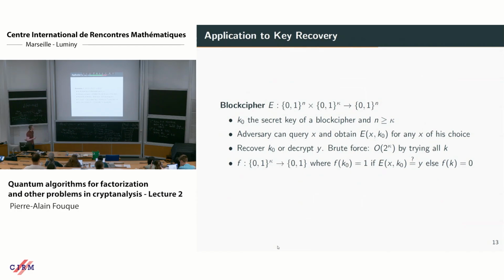If you apply the Grover algorithm, you can do this search in time square root of 2 to the kappa, so it's equal to 2 to the kappa divided by 2. So the running time of Grover algorithm is half of the time for a classical attack. For instance, if you use an AES key with 128 bits, you can do this with Grover algorithm in time 2 to the 64.